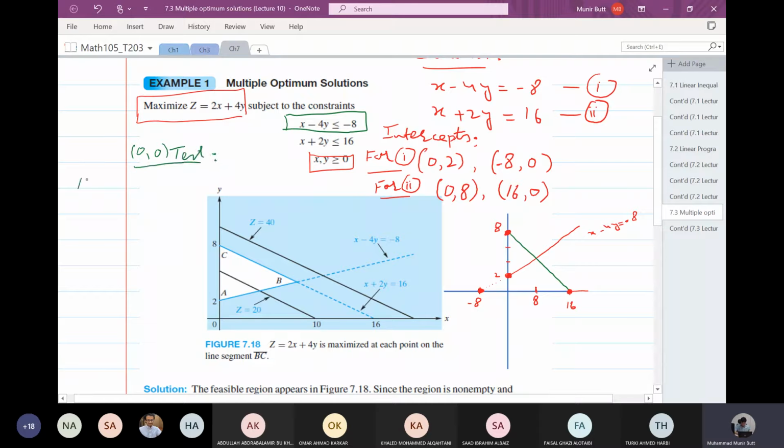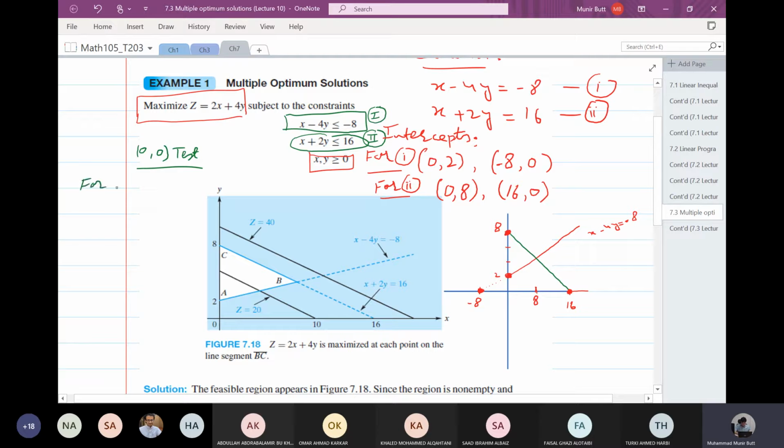So for 1, this is capital 1, and this is the capital 2. Okay, so what is the 0 0 test?